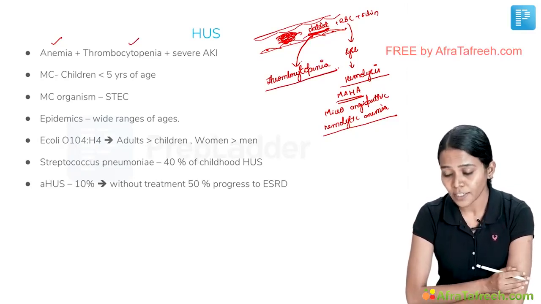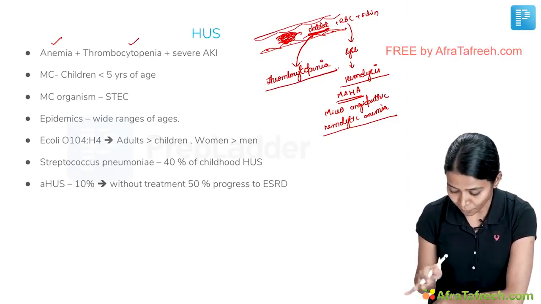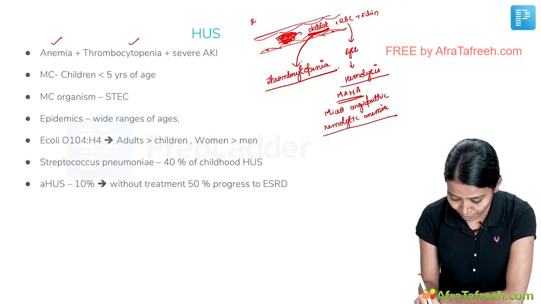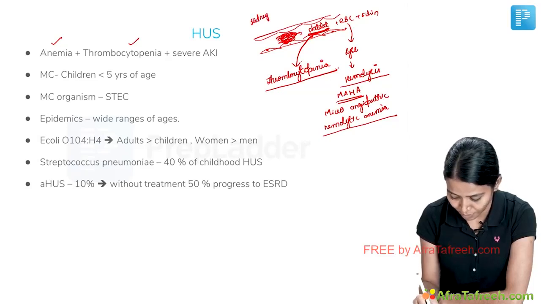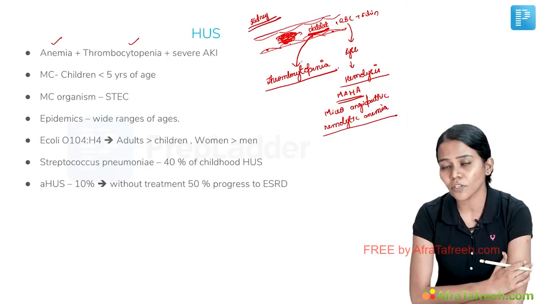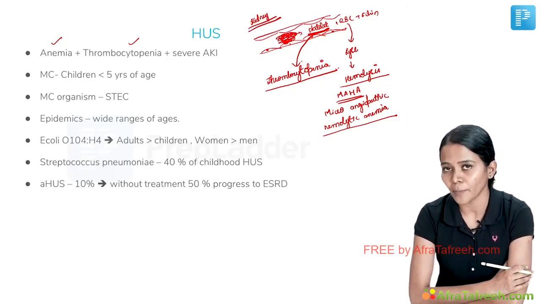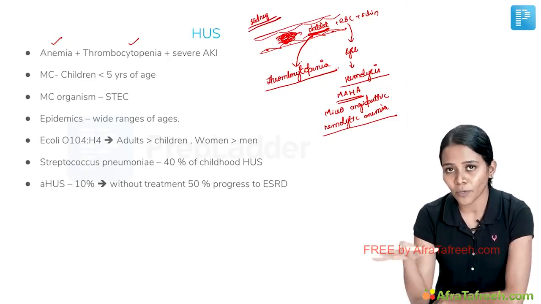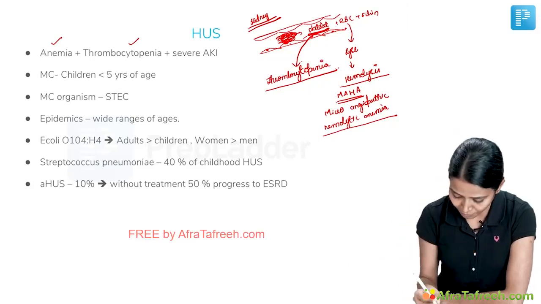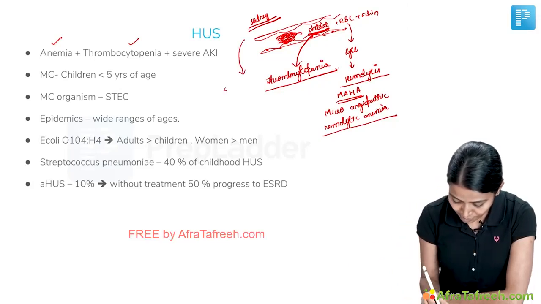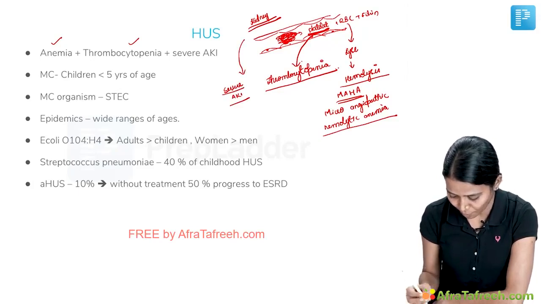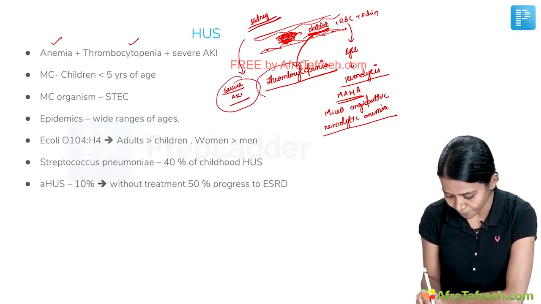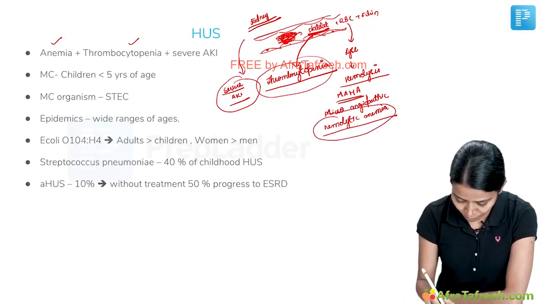And in HUS, this involvement is majorly seen in the kidney. All the glomerular capillaries are going to be affected, causing severe AKI. So these three are the major manifestations of HUS. Okay, so you can see that.